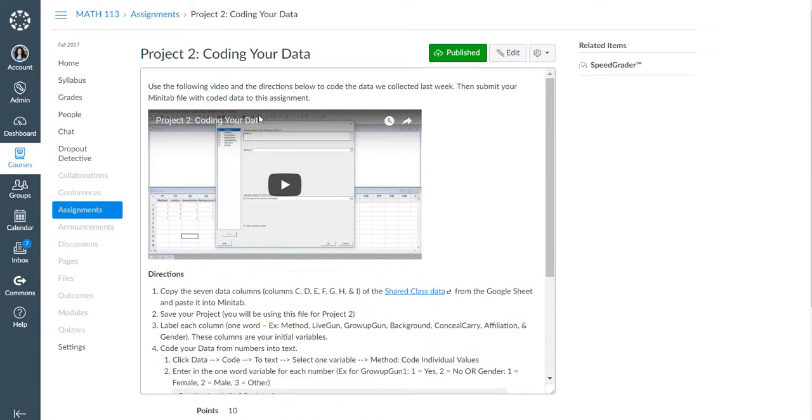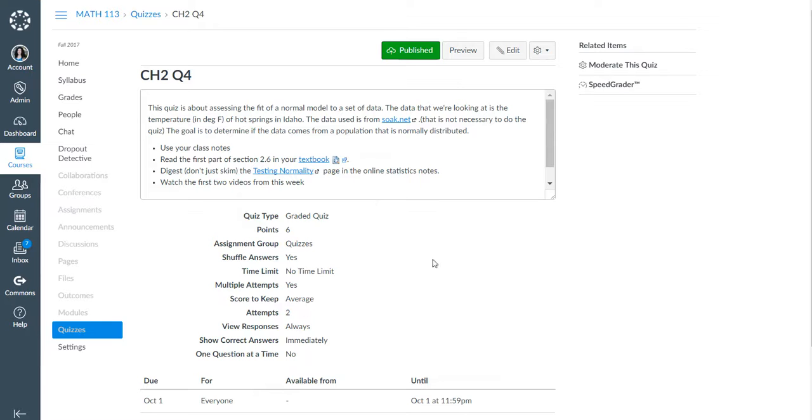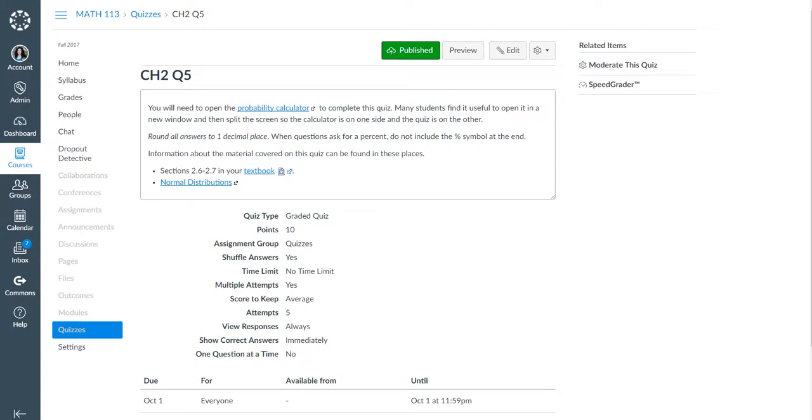The reason the discussion and coding your data are not going to be difficult is that some people find Chapter 2 Quiz 4 and Chapter 2 Quiz 5 a little more difficult than some of the previous quizzes. It shouldn't be, but you really do have to think.